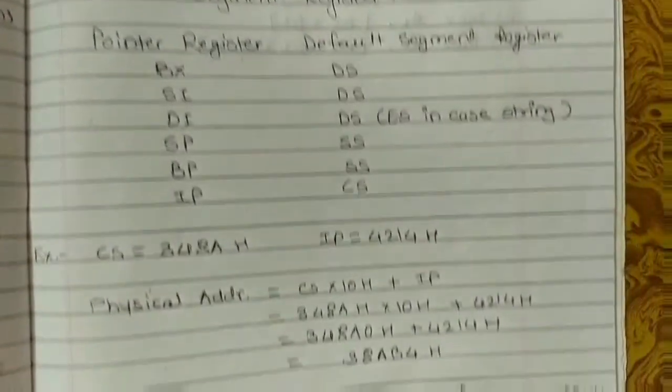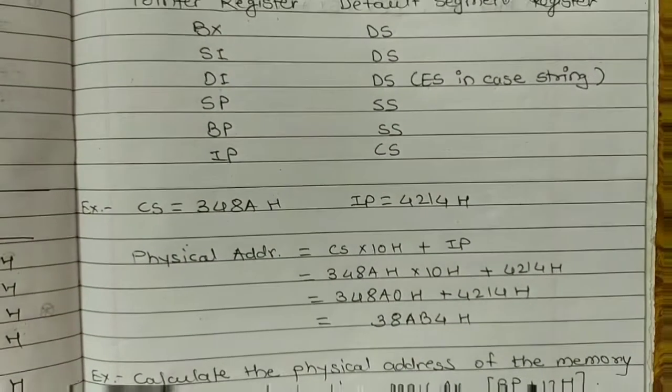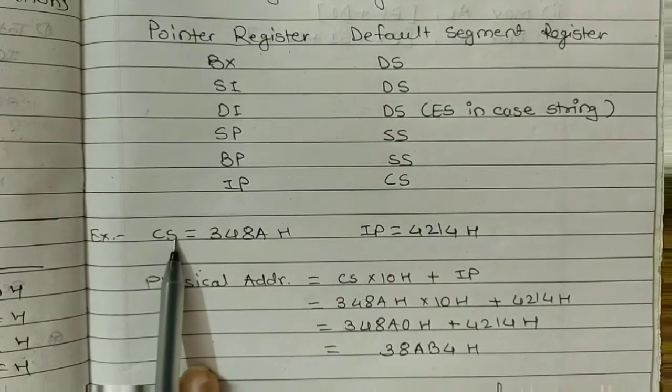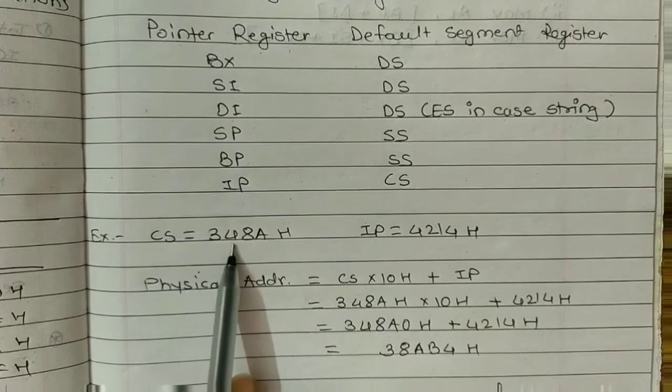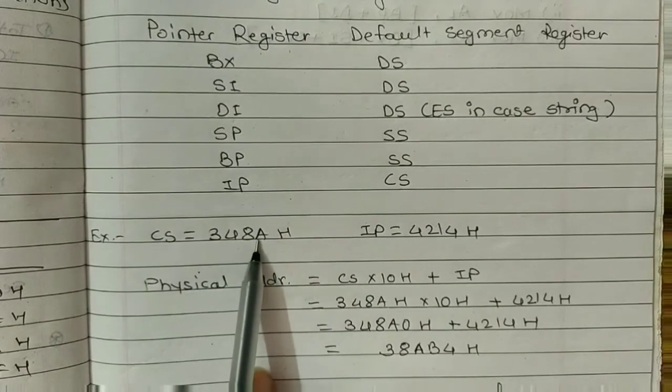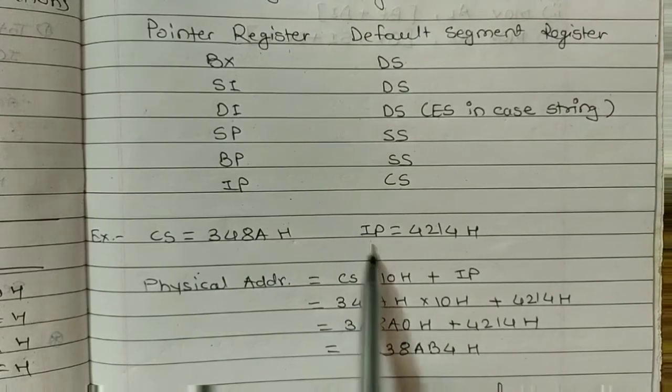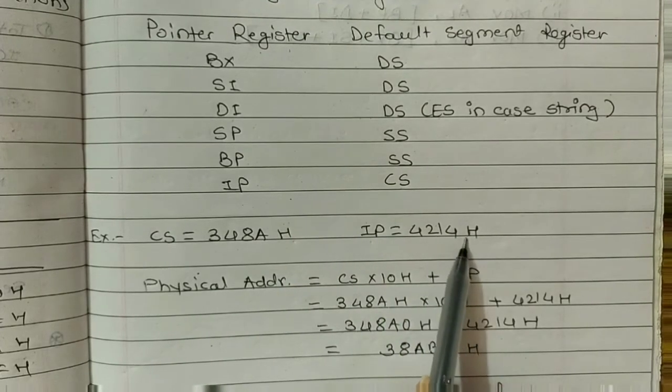Here is one simple example. Let's consider CS, means code segment register, has given the data 348AH and instruction pointer has given data 4214. So how we can calculate the physical address?